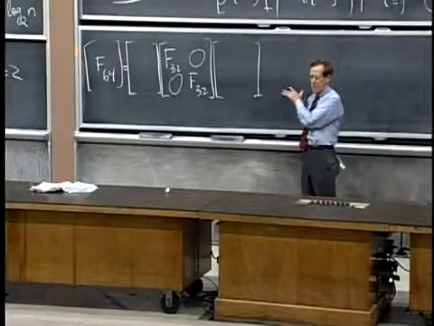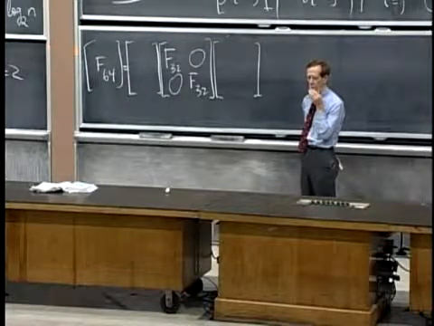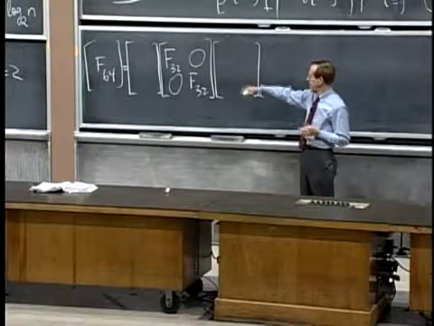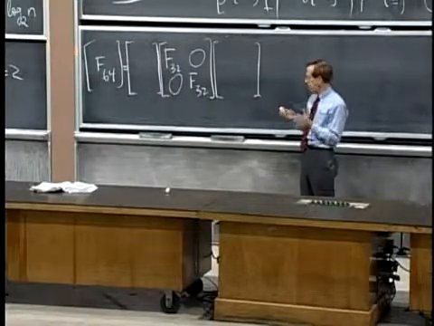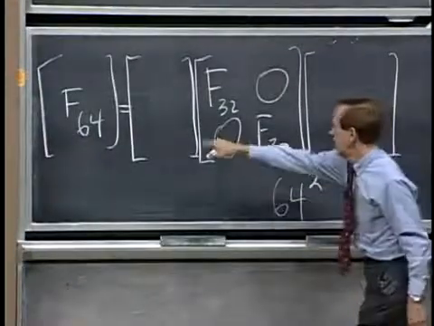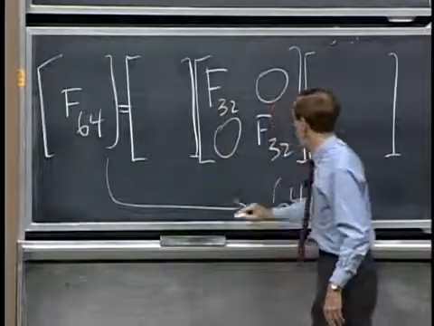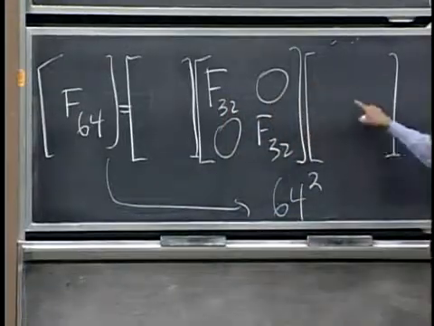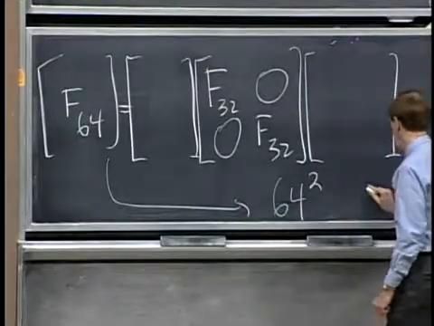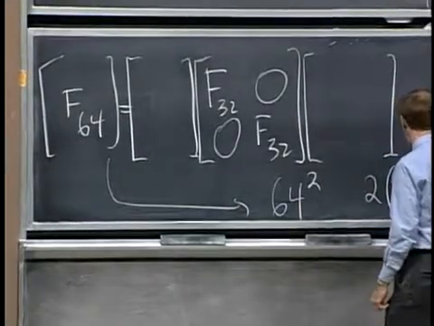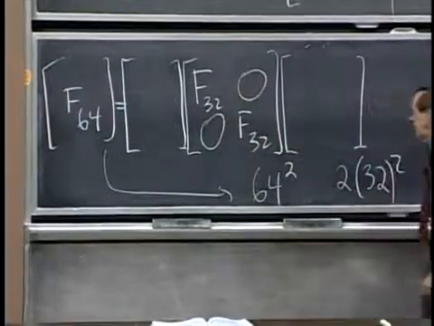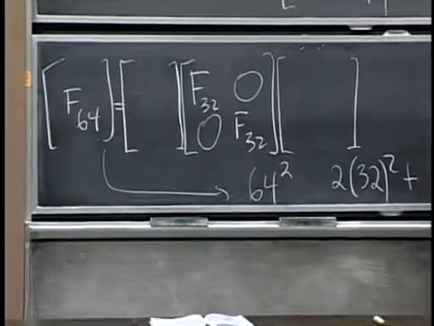So as soon as we get this formula right, we've got a great idea for how to get away from the 64 squared calculations. Originally we have 64 squared calculations, but this one we don't need that many. We only need 2 times 32 squared, because we've got that twice, plus the fix-up.